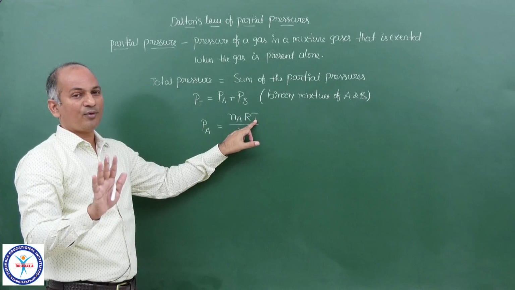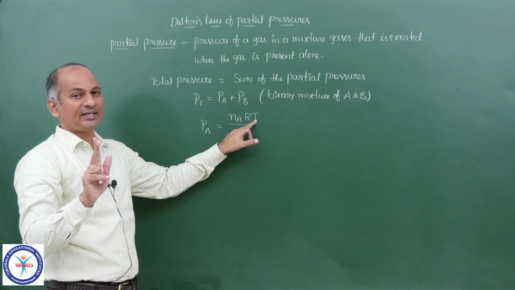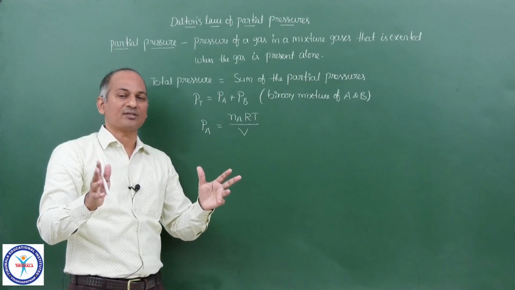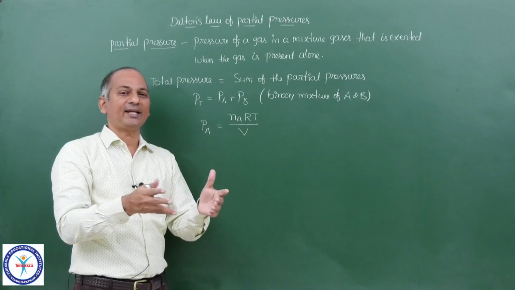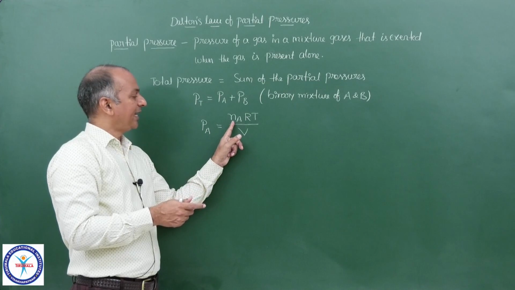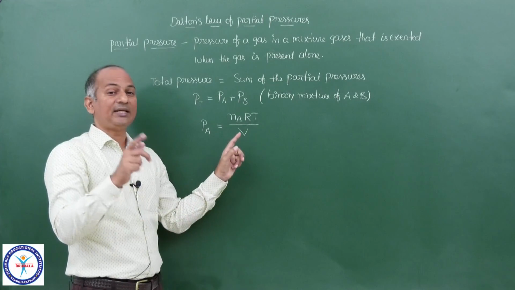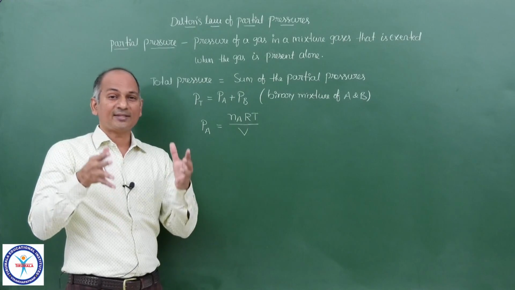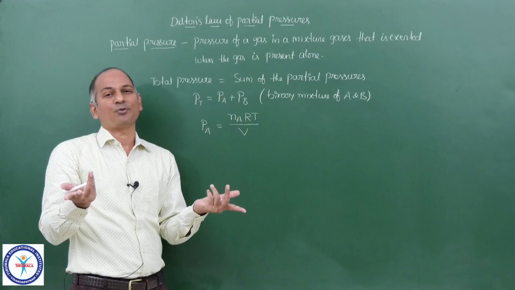Actually, you all know, if two gases are present in a container, those two gases cannot have different temperatures. There is no question of TA and TB. PA and PB may be different, nA and nB may be different, but TA and TB cannot be different because the gases are present in the same vessel. In the same vessel, two different gases cannot have two different temperatures.